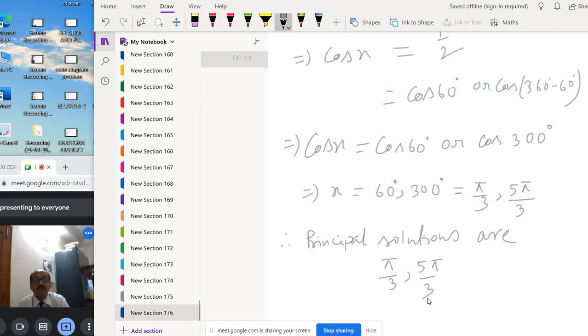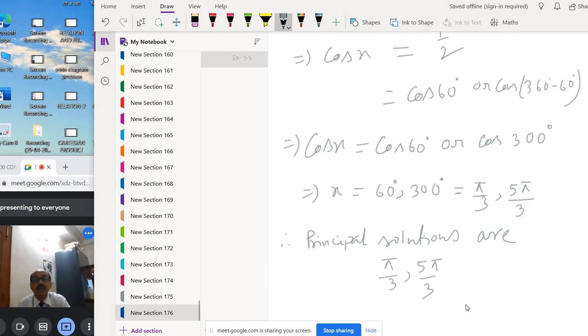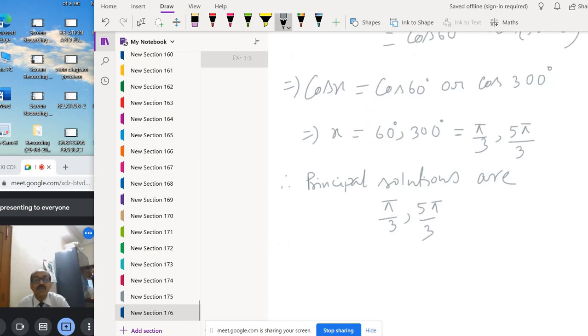Okay? Then the general solution now. Take cos x equal to cos 60, and 60 means pi by 3. So cos x equal to cos pi by 3.